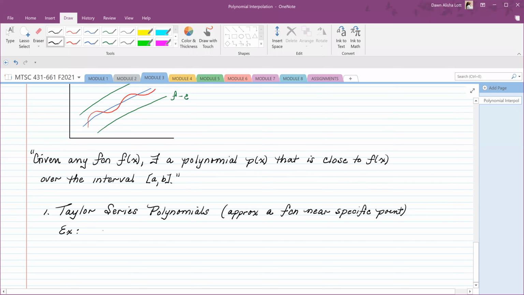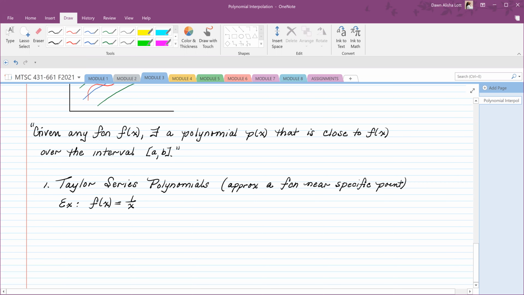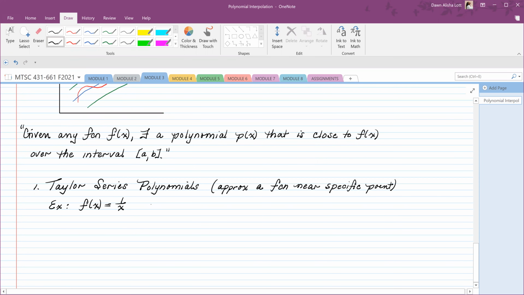So f of x is the function 1 over x, and I want to approximate it. So find an approximation p of x near x naught equal to 1. Okay, so how do we do this?